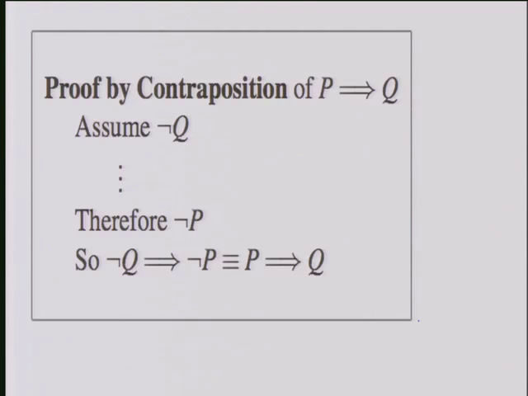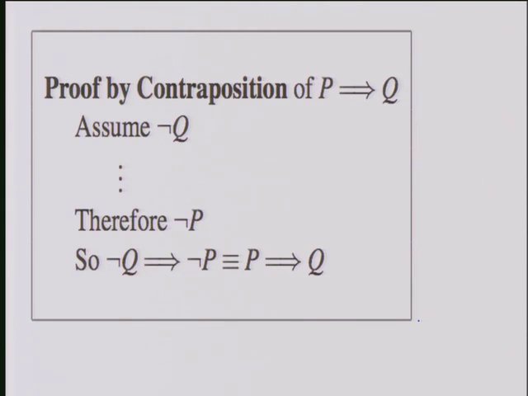Now there's another kind of proof which is actually surprisingly powerful. This is called proof by contraposition. In proof by contraposition, you're trying to prove that P implies Q, but it's hard to prove that P implies Q. So you try, and it turns out to be difficult to do.